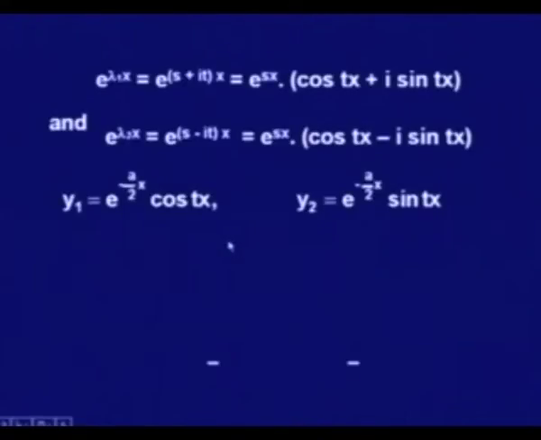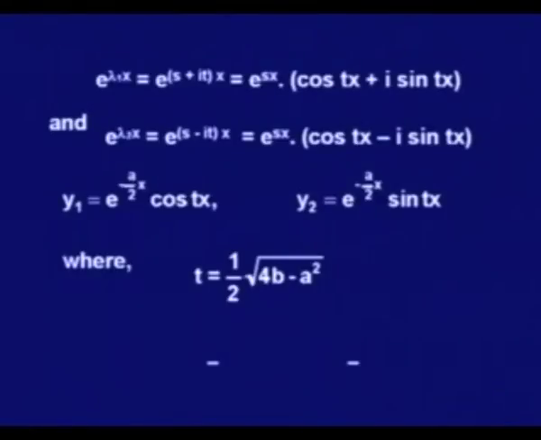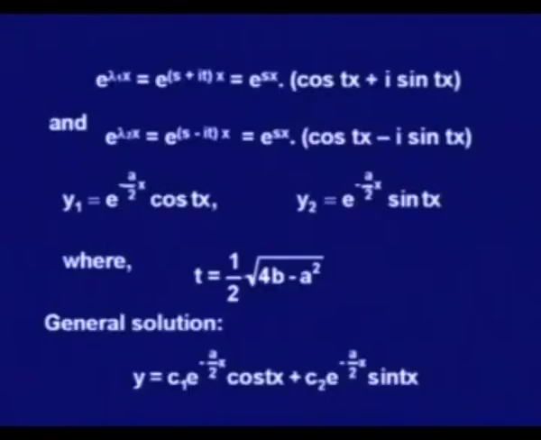And this t is of course half of square root of 4b minus a square. So, we will get the general solution as c 1 times e to the power minus a by 2 x cos t x plus c 2 times e to the power minus a by 2 x sin t x.